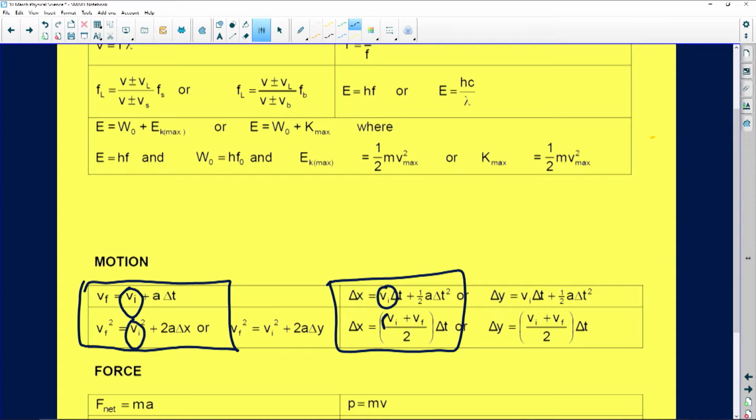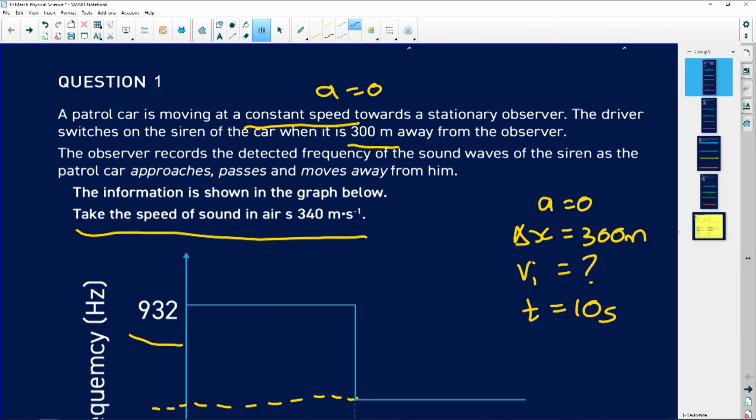But I notice this one contains final velocity, which I don't have, as does this one. So my instinct is telling me this is the equation to use, because I've got the displacement, the initial velocity they're asking for, and the time was given to me. And what do we know about the acceleration? The acceleration was 0.